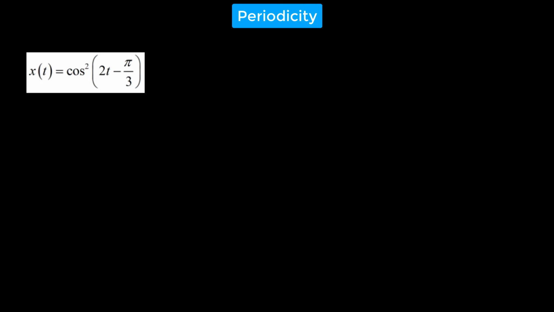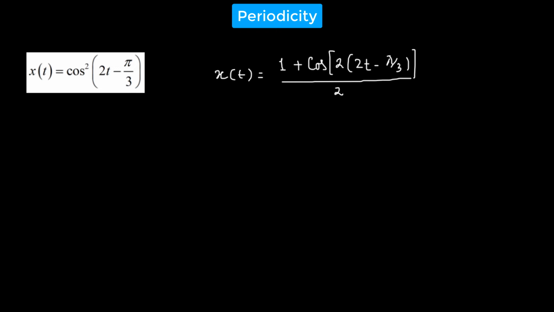So we have x of t equal to 1 plus cosine of 2 times 2t minus pi over 3, divided by 2, which gives us half plus half cosine of 4t minus 2 pi over 3.